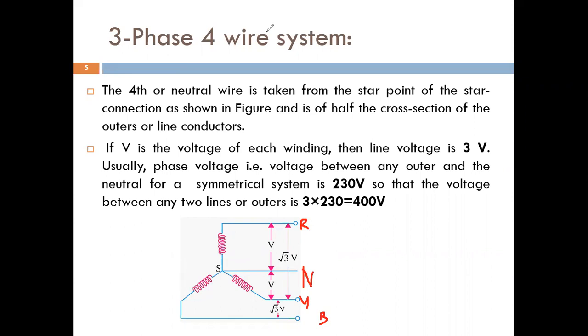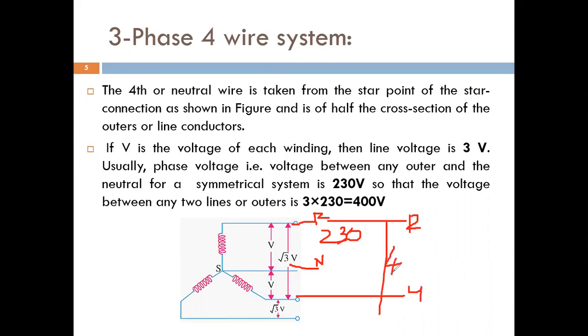So this is a three phase four wire system. Between the line R and N, the voltage is 230 volt, and between the line R and Y, it is 440 volt.